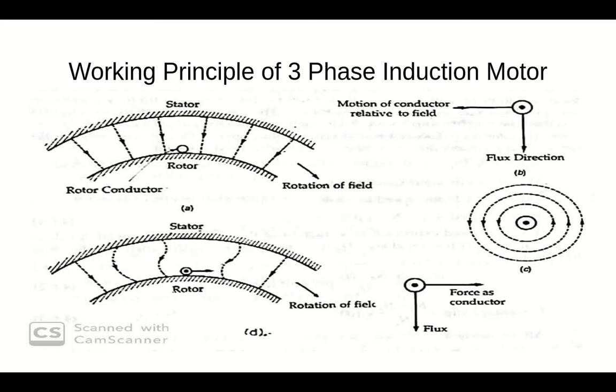So a three-phase induction motor is self-starting. Since the operation of this motor depends upon the induced voltage in its rotor conductors, it is called an induction motor. So this is your principle of the three-phase induction motor.